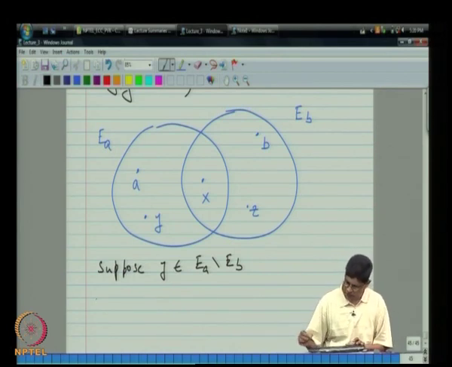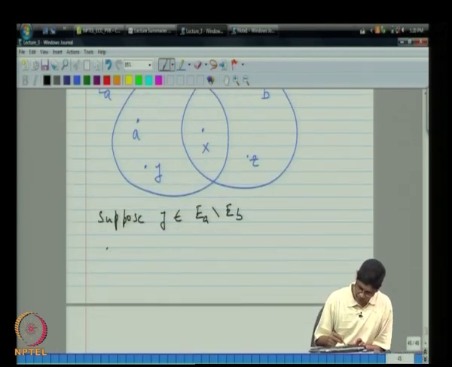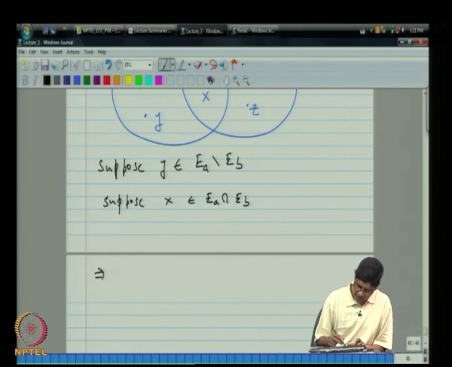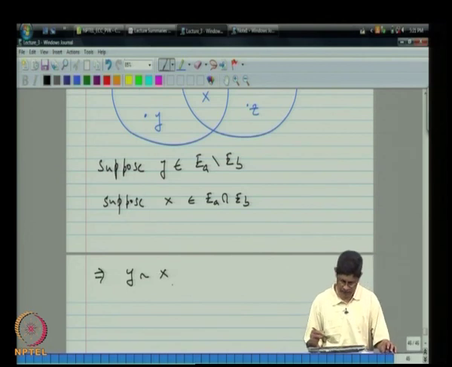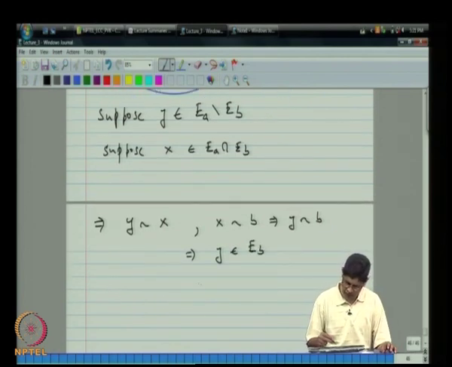And suppose X belongs to E_A intersect E_B, but then this implies that Y is equivalent to X, and you have X is equivalent to B, which implies that Y is equivalent to B, which implies that Y belongs to E_B, which is a contradiction.